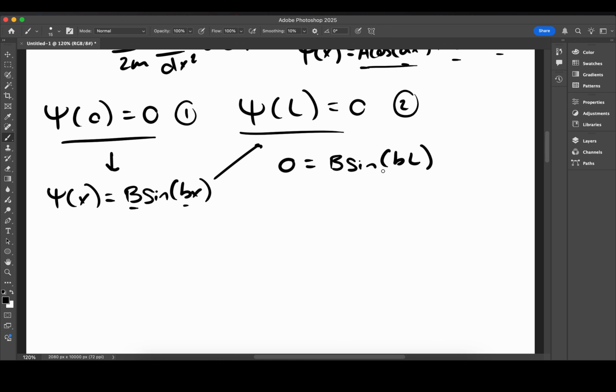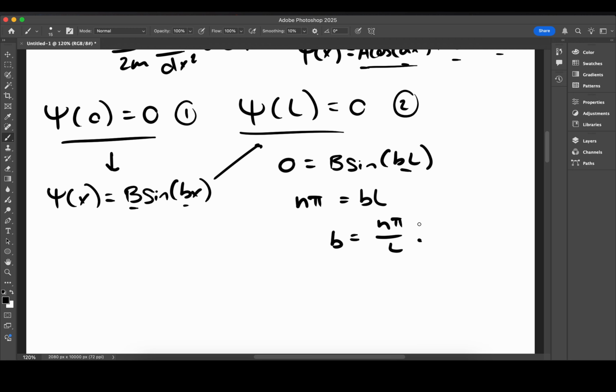The only way for this to be 0 is for the argument of the sine function to be such that sine is 0. That happens when the argument is an integral multiple of pi. This is where the integer comes in. So now we have n pi equals bL. It's super straightforward to see that b is then n pi over L.